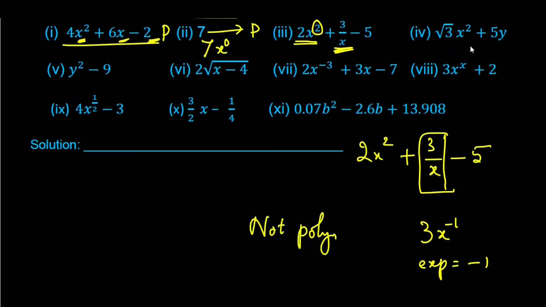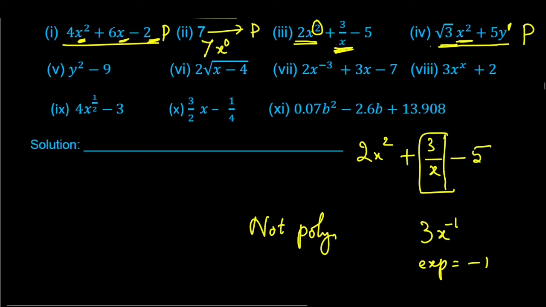Then take the fourth one, root 3 x square plus 5y. The exponent of this variable is 2. It is a whole number. Here the exponent of y is 1. 1 is a whole number. In these two terms, the exponents are whole numbers. So this is a polynomial.